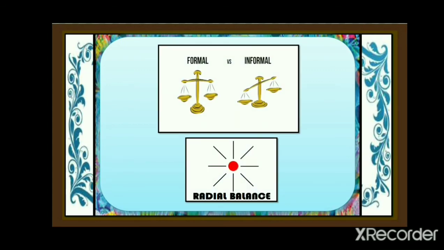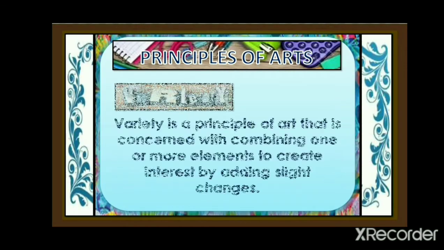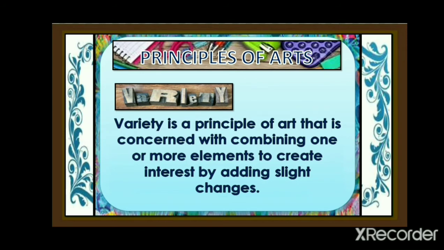So this is the example. Next is variety. Variety is a principle of art that is concerned with combining one or more elements to create interest by adding slight changes.